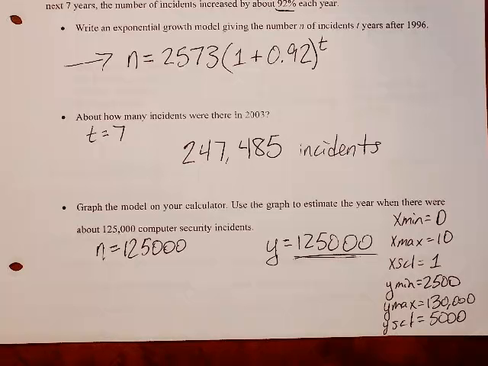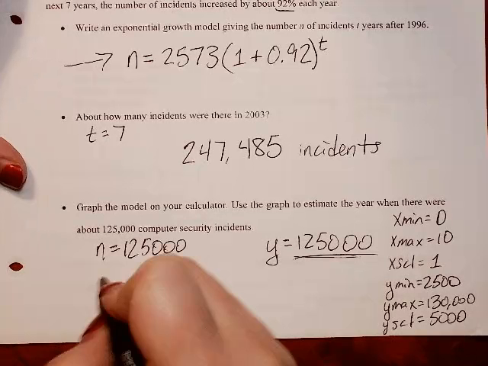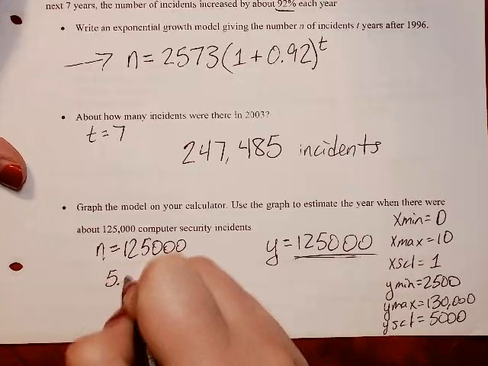So now I'm going to trace on my graph to where I'm at 125,000 or so. And it happens somewhere between 5.9 and 6.